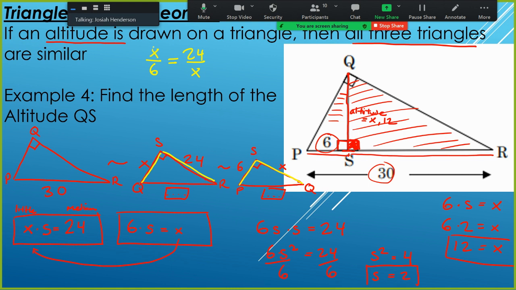And now if we solve this equation in yellow for x, cross multiplying, we get x times x on the left, and 6 times 24, what is that? 144. And then you take the square root of both sides, and you get x is 12.